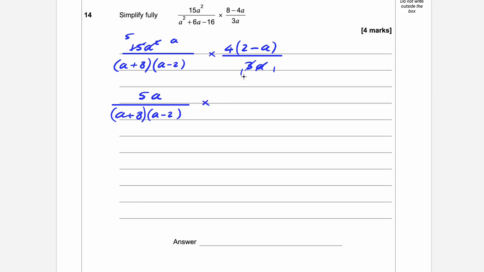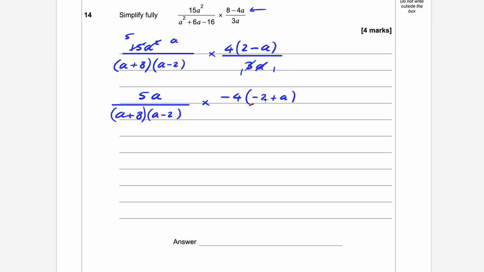Well, what I'm going to do is take out the negative. Tell me if you're okay with this. This is minus 4, I'm taking out negative 1, and this becomes minus 2 plus A. Because if you multiply this out, you're still going to get 8 minus 4A, which is this. I could have taken it out at the beginning if I'd seen what was going to happen, but it doesn't matter. Okay, but now these cancel.